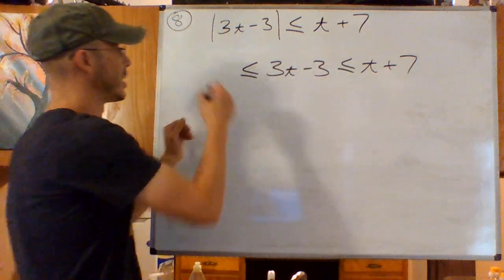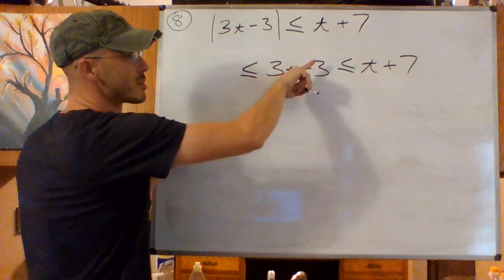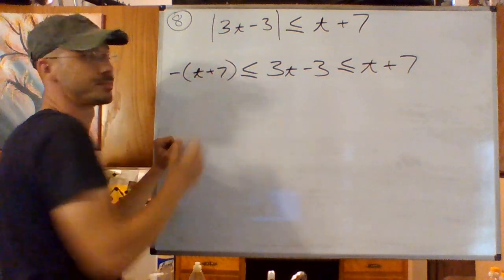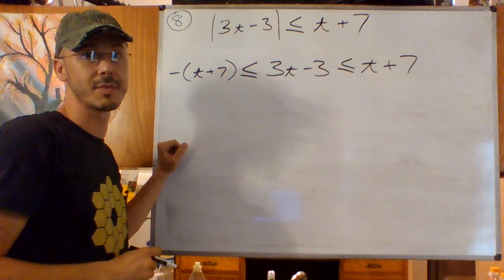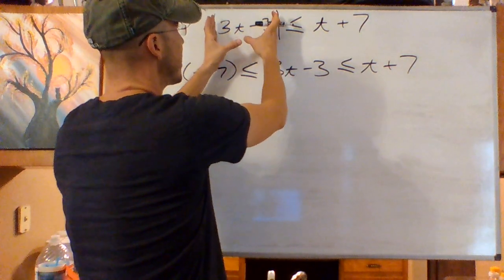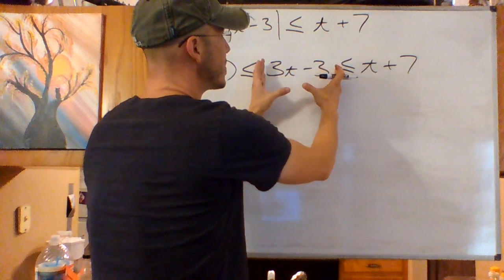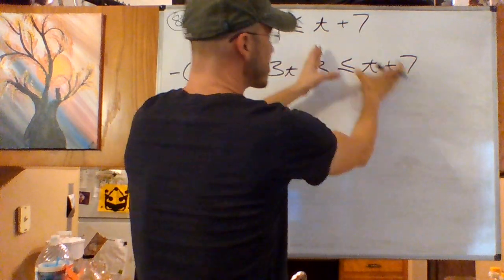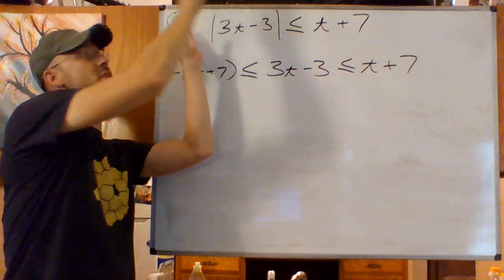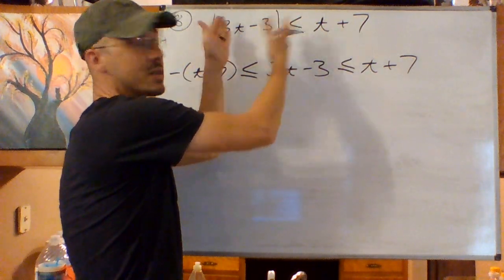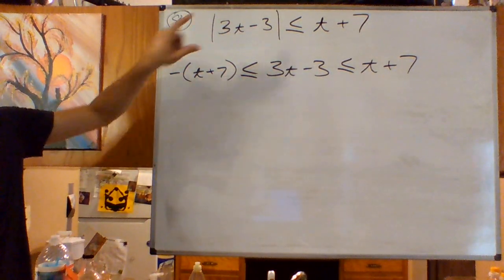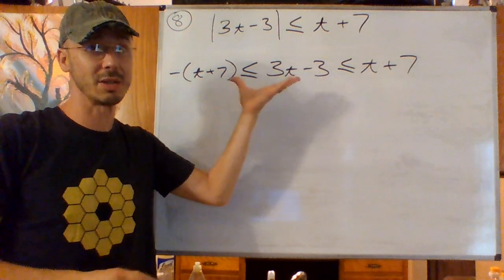So it has to be bigger than -t plus 7, greater than the opposite of it. In other words, this 3t minus 3 is between that and the opposite. So it's sandwiched between these two, and I've made it into a compound inequality instead of an absolute value.